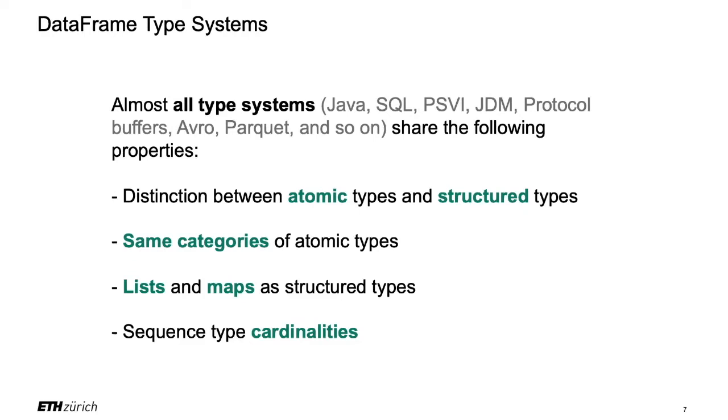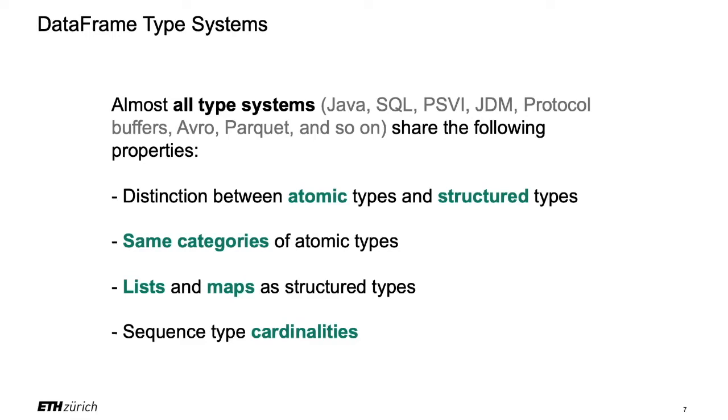Then the structured types are very often of two kinds, lists and maps, and that's pretty much all you have. Maybe sets and bags in some languages that push it to the next level, but typically you have lists and maps. And finally, when you have sequence types, meaning every time you have a list or a collection of things, you can restrict the cardinality, 1, 0, just one, any number, and so on. And everything I said is totally independent of the technology. This is general.